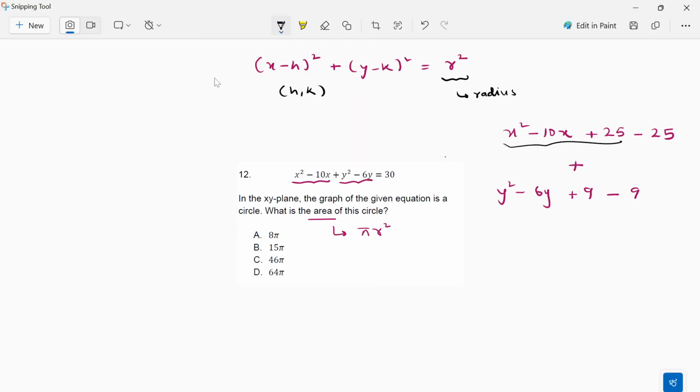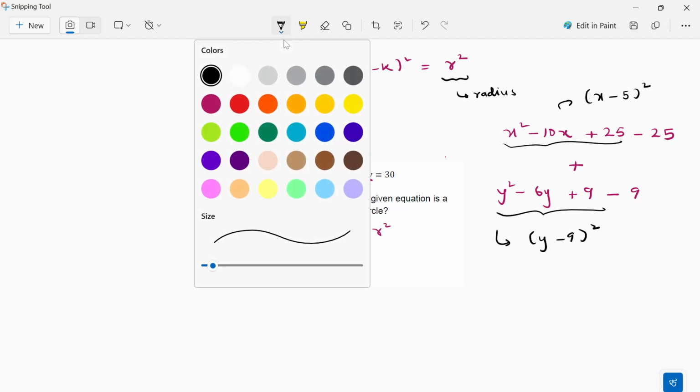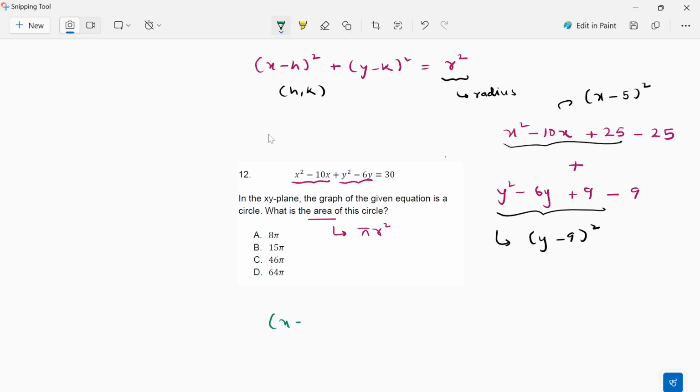So these three terms make (x minus 5) whole square, and these three terms make (y minus 9) whole square. Finally we get (x minus 5) whole square plus (y minus 9) whole square, and you have minus 25 minus 9, which is minus 34.